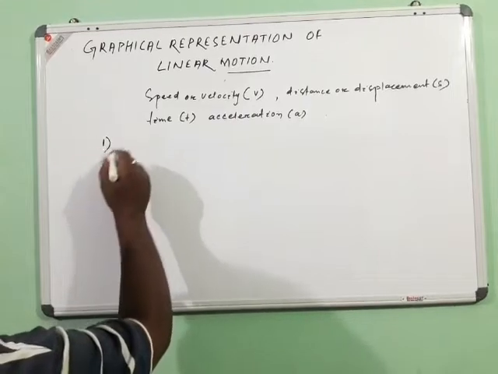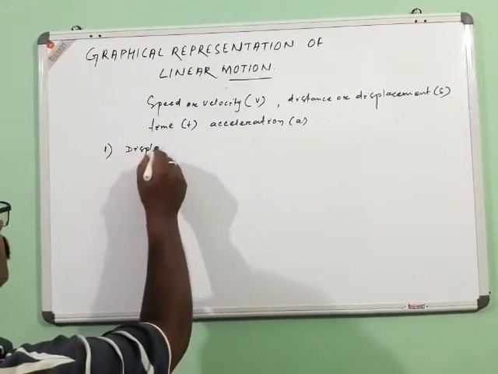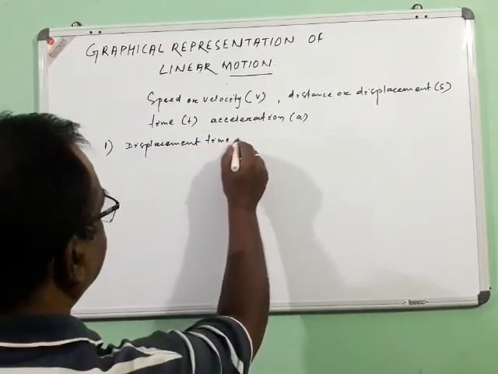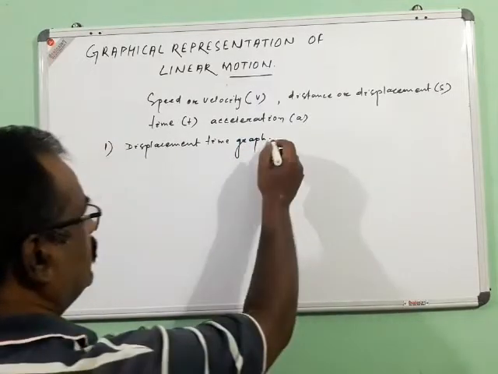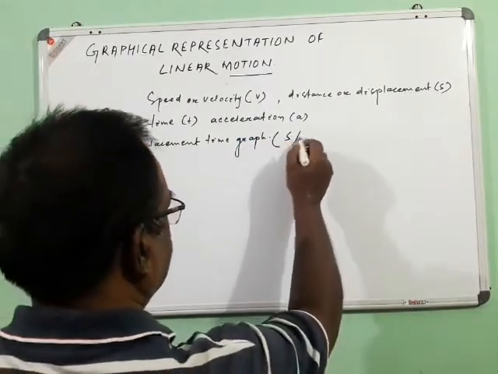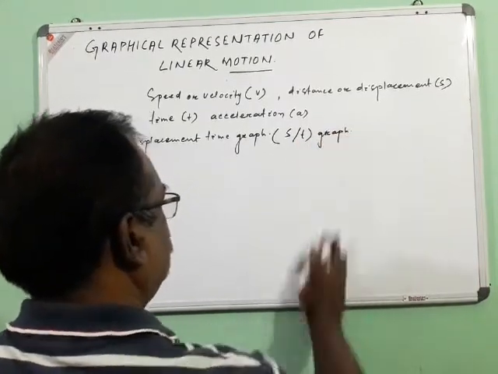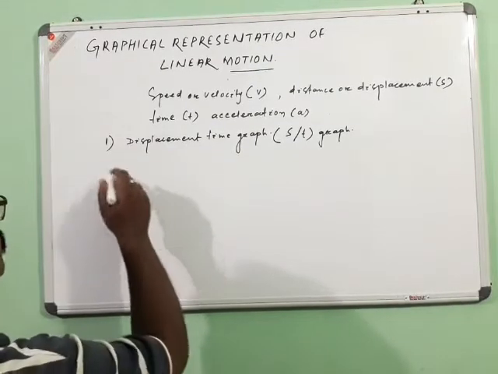Number one, that is the displacement time graph, or in short, we can say the S versus T graph, where T is the independent variable and S is the dependent variable.